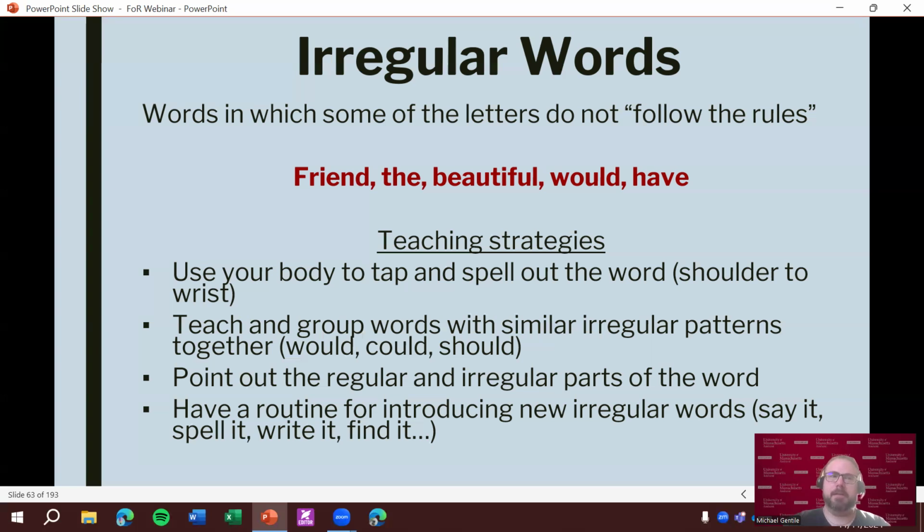So why do we have to teach irregular words? Because we want the students to comprehend and spend as much time in the text as possible, not memorizing words on flashcards. That's not the point. It's not filling out some inventory for a report card. That's not the point either. The point of memorizing irregular words is that students can spend time in the text.